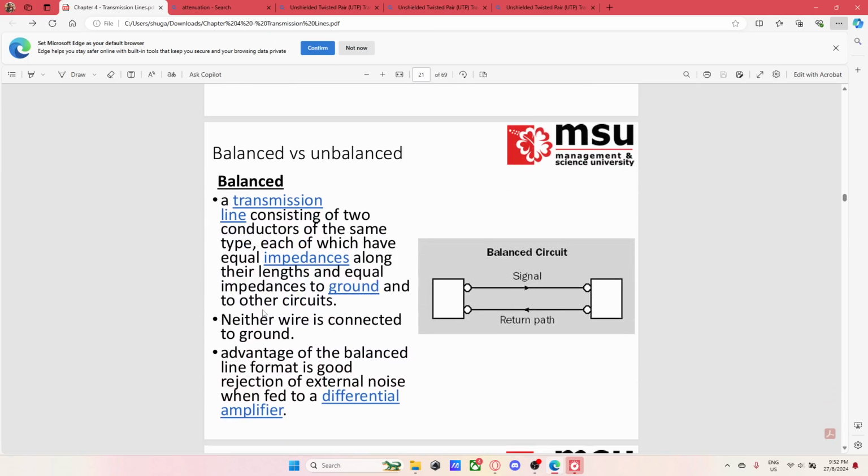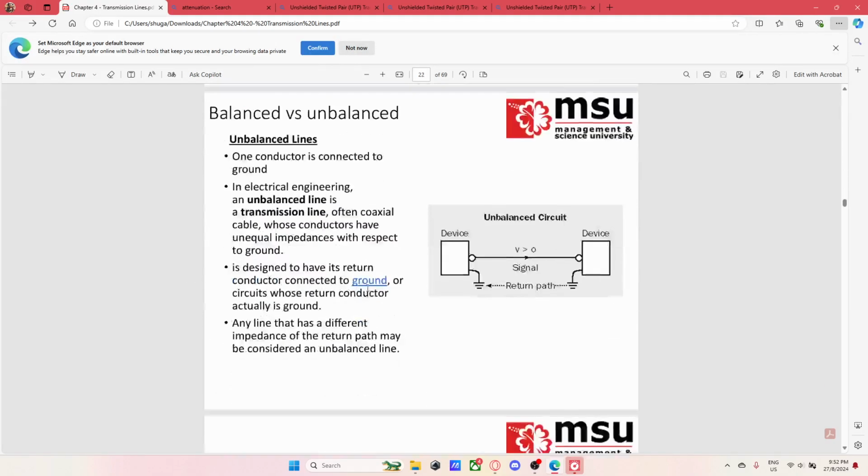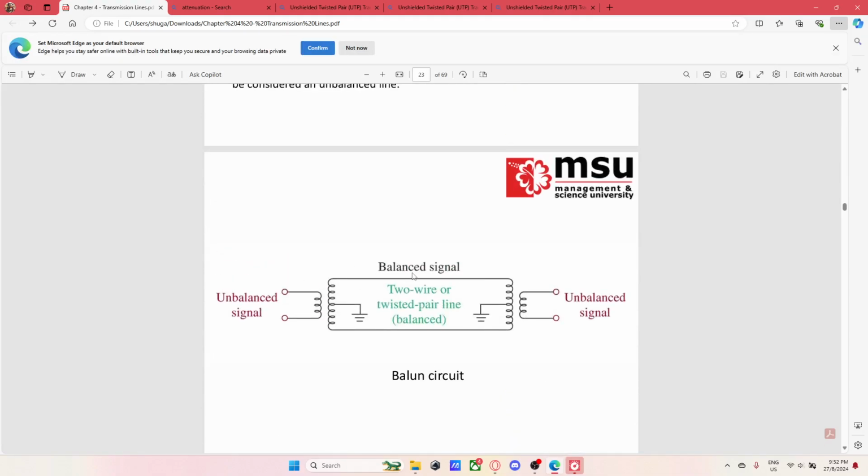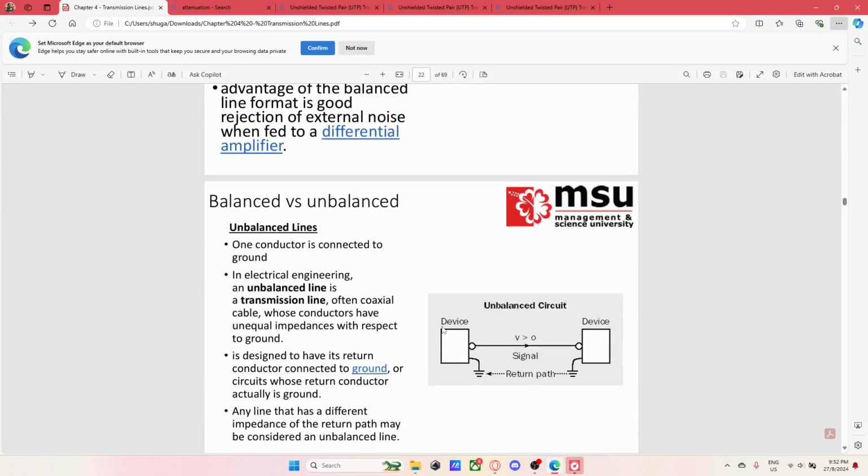We will see the balanced circuit here. Alright, so this is the converter from an unbalanced signal to a balanced signal, and we can also use this to change it back to an unbalanced signal. So the balanced circuit consists of these two lines, as you can see.